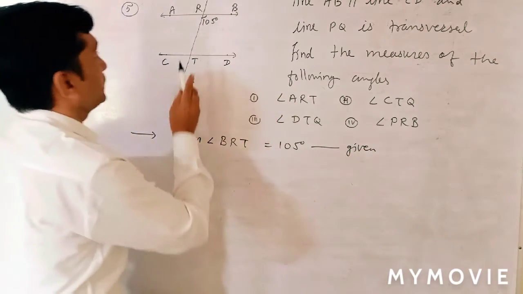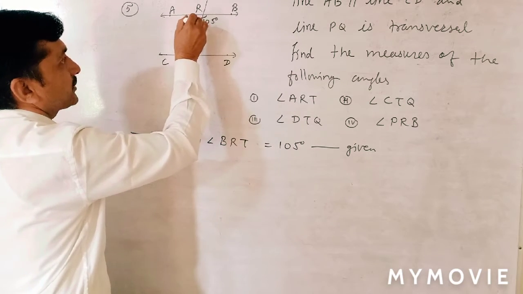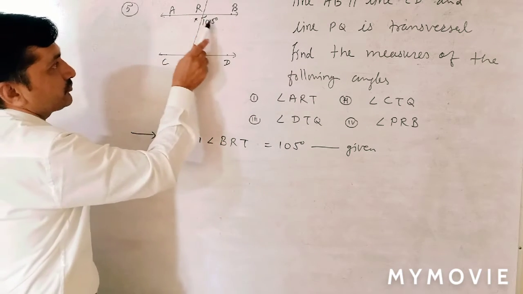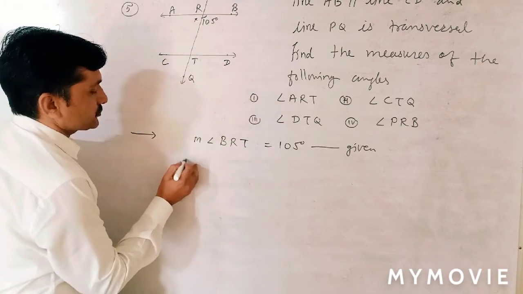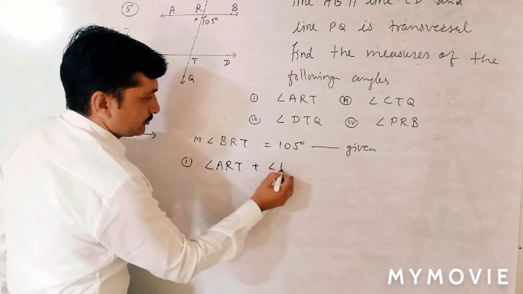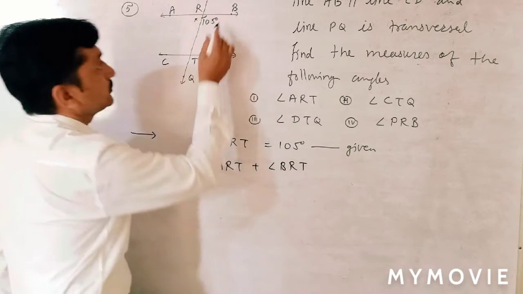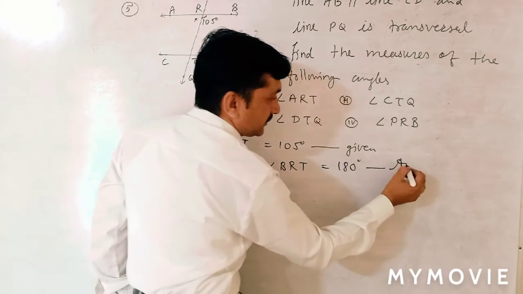Now first we want ART. What is the relation between them? These are angles in a linear pair, supplementary. Therefore, first, angle ART plus angle BRT is equal to 180 degrees, angles in a linear pair.